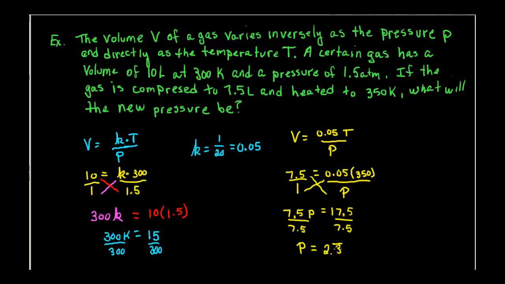So if the gas is compressed to 7.5 liters and heated to 350 Kelvin, the new pressure will be 2.3 atmospheres.